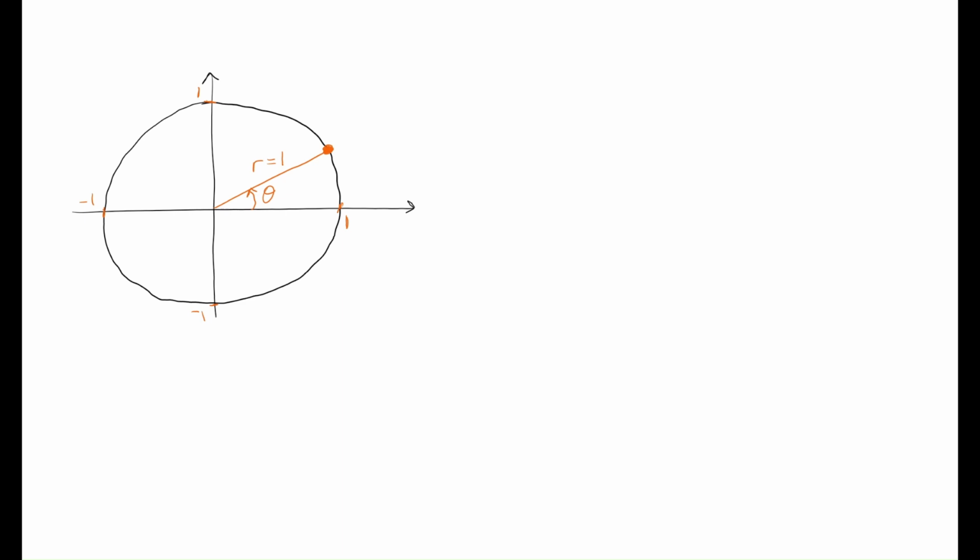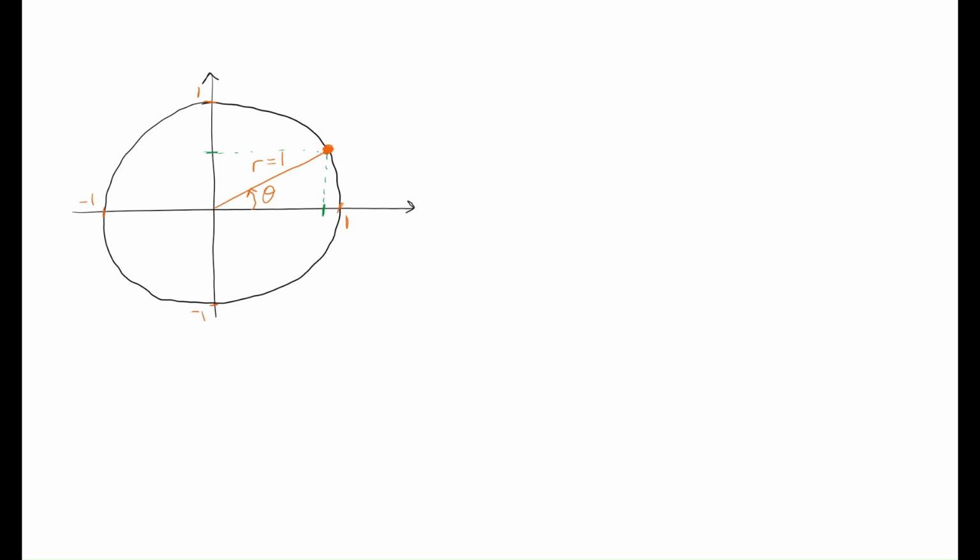And if I think about the x and y coordinates, well, my x coordinate will be somewhere there, and my y coordinate, you can imagine, will be somewhere there. And I want to think about how I can define those in terms of the angle.